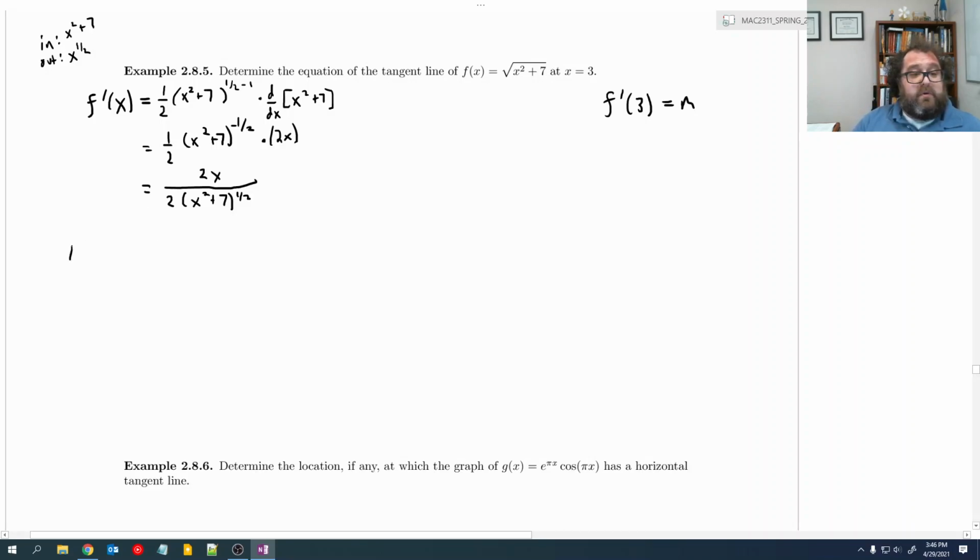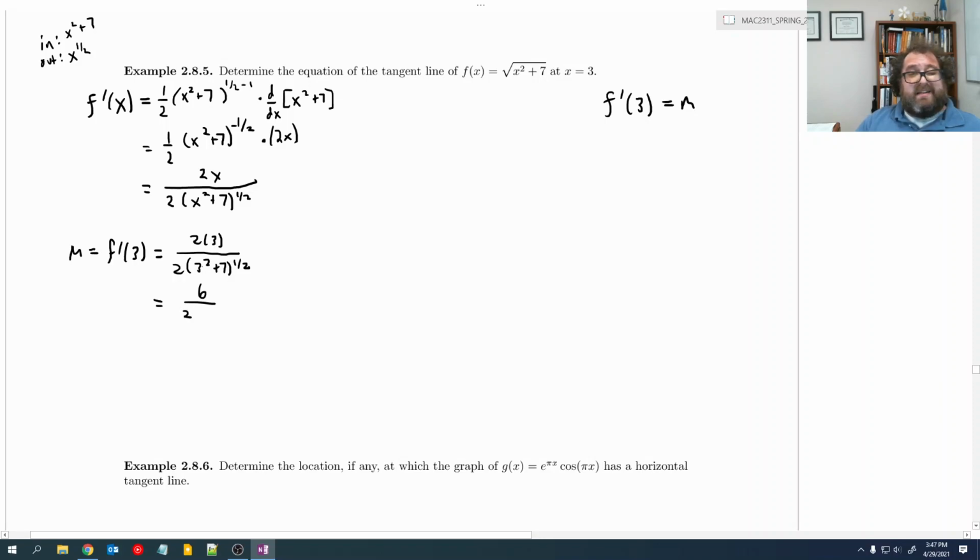So the slope, our m for the point-slope form, is going to be f prime of 3, which means you have 2 times 3 over 2 times 3 squared plus 7 to the 1/2 power. 2 times 3 is 6 on the numerator, then that's 2 on the denominator.